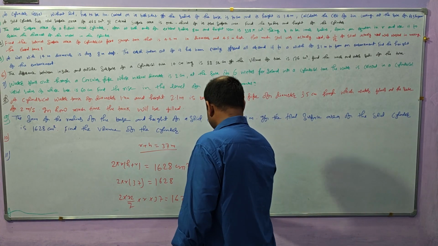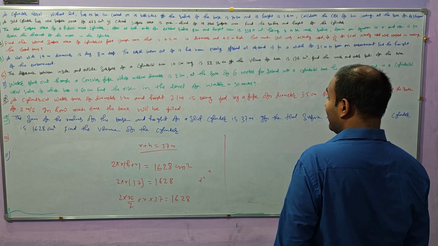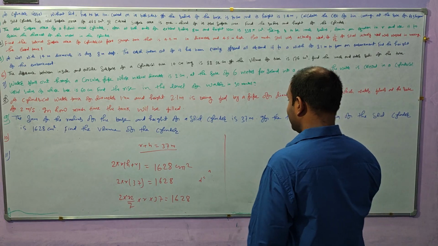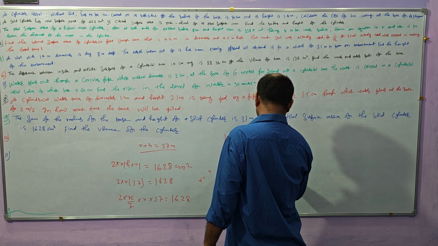From here we get r is equal to something. Now we need to find the volume of the cylinder, and the volume of a cylinder is what? Pi r square h.